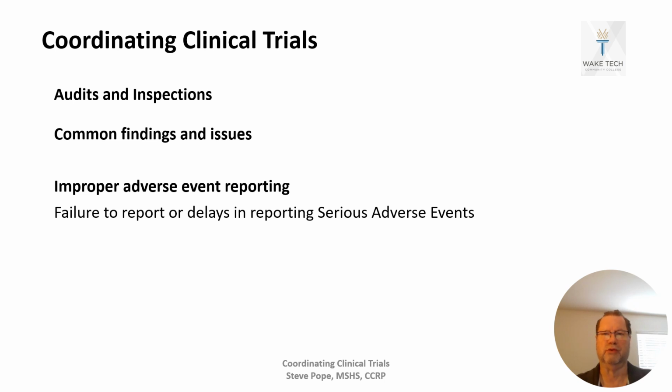You want to get those records and spend time going over them to make sure there's not an additional serious adverse event that was discovered while the patient, say, was in the hospital. You don't want some auditor finding that. So you want to be diligent in going through those records and making sure you've got everything covered.